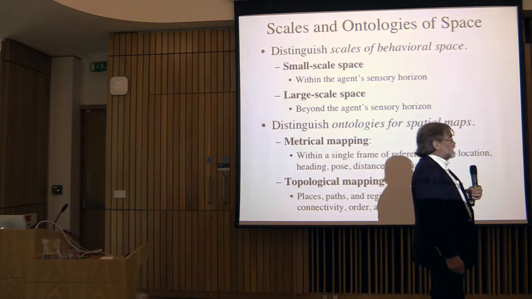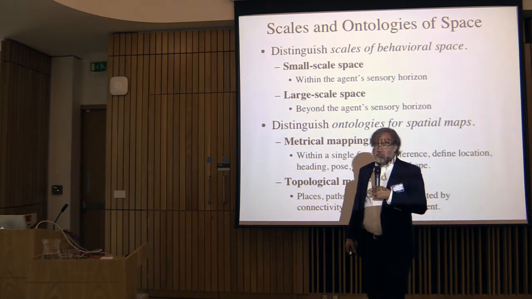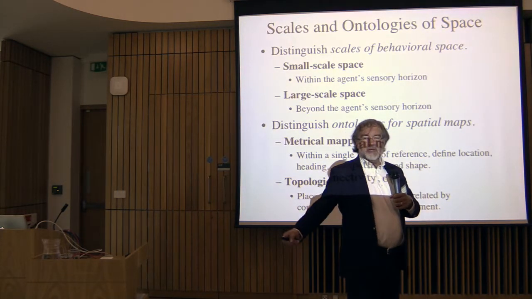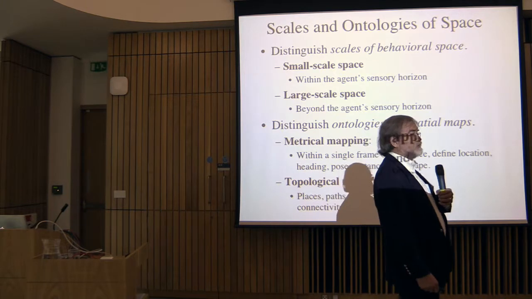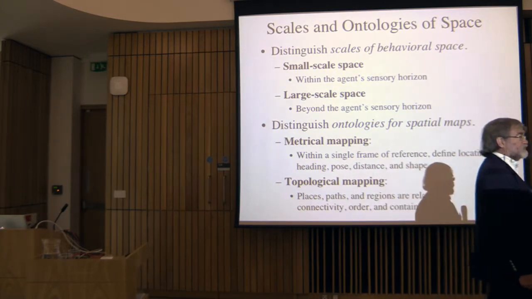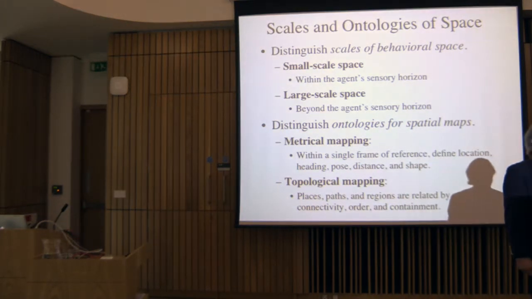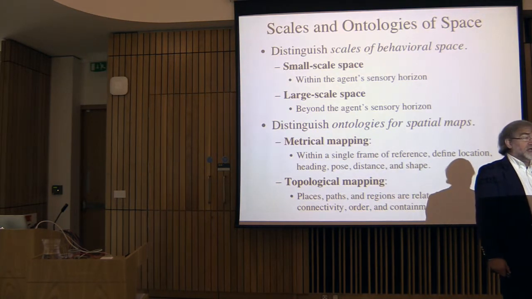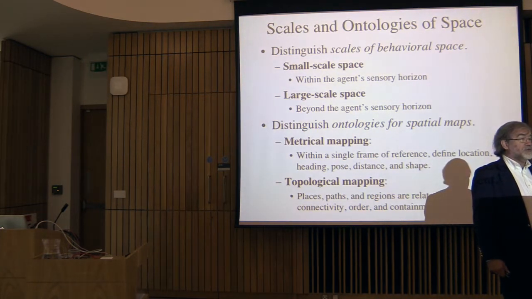The other distinction I want to make is between ontologies. I use ontology the way AI people use the word, which might be sort of working a little fast and loose compared to how the philosophers would. What I mean are the categories of objects and the types of relations that are defined.